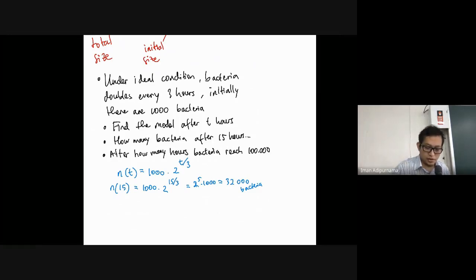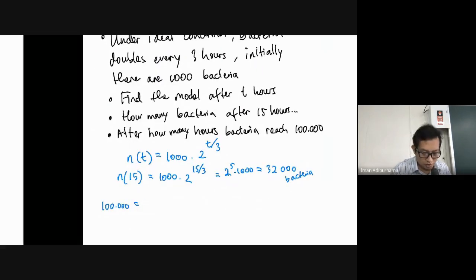Okay. And then the third question is, if the bacteria reach 100,000, how many hours? Okay, so we are looking for the t. So it's 100 to, and to solve this, we can use the log. Let me just use log 100 and then equal log 2 to t over 3.